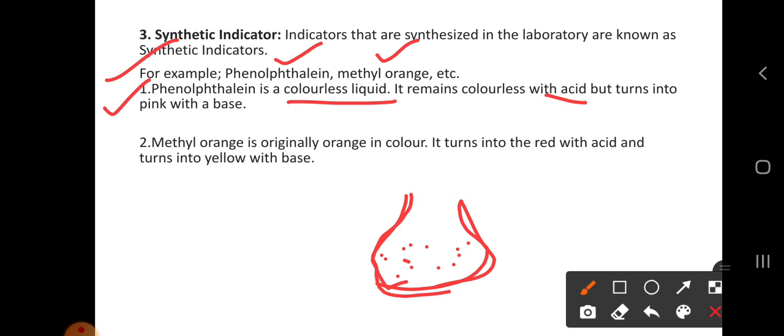phenolphthalein is an indicator, so it identifies whether the substance is an acid or a base. You don't know about this substance, but it is an acid.